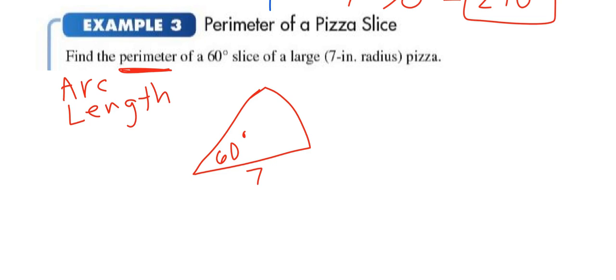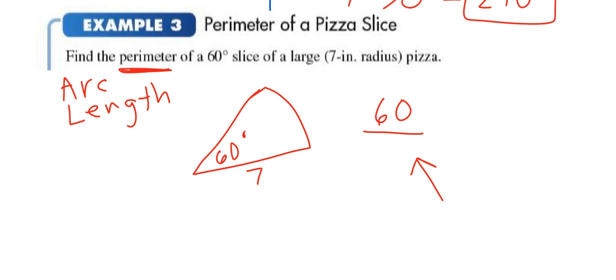We got a radius of 7. Okay. Isn't that whole part over whole thing coming up? All right. What fraction should we be using? 60 over what? What are you going to put in the bottom there? 360 degrees.